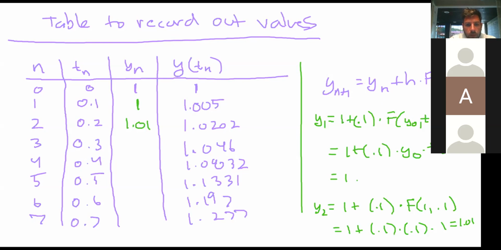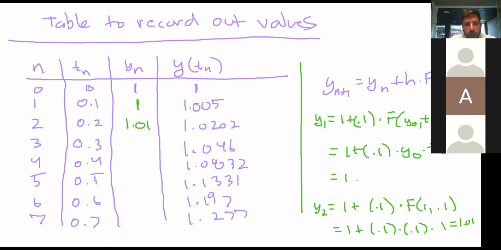Hold on. Bear with me. I found this one. This looks like a very useful graph. Yeah. So I found this web page.